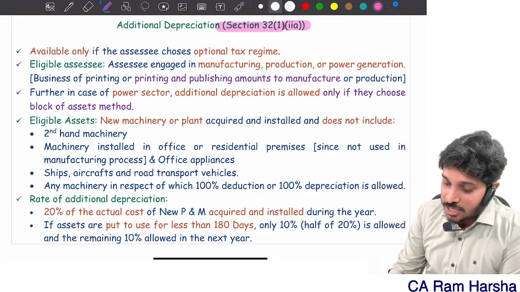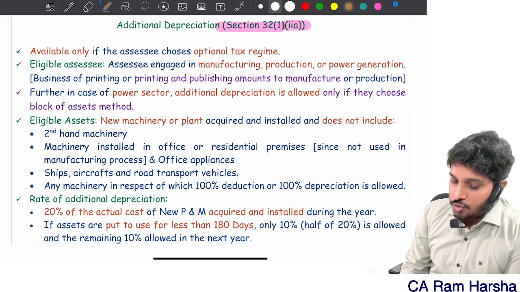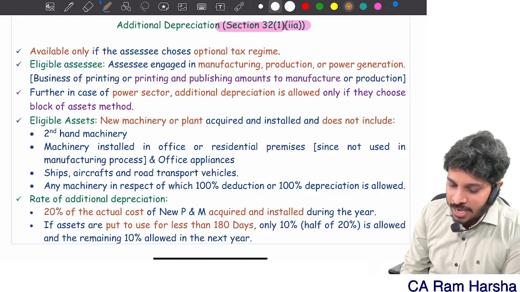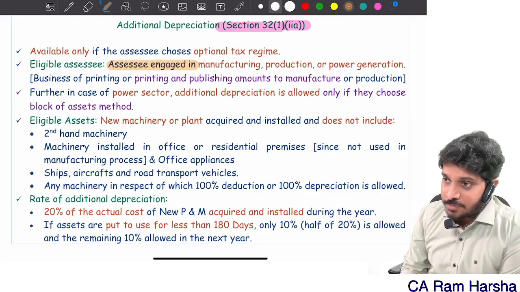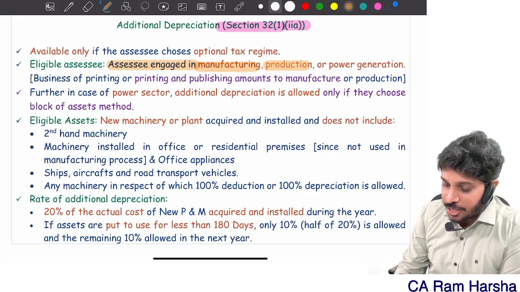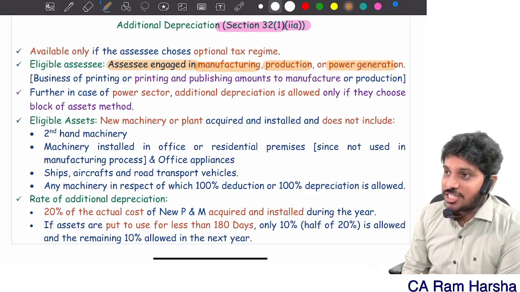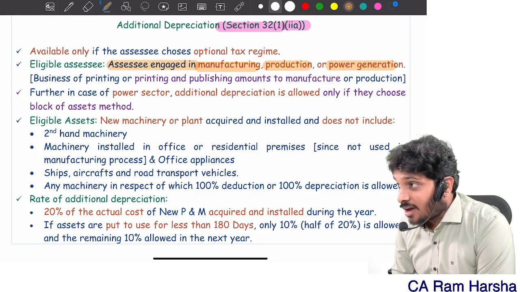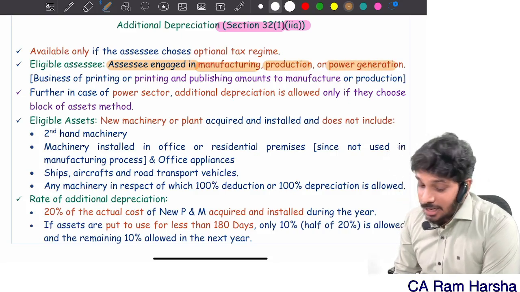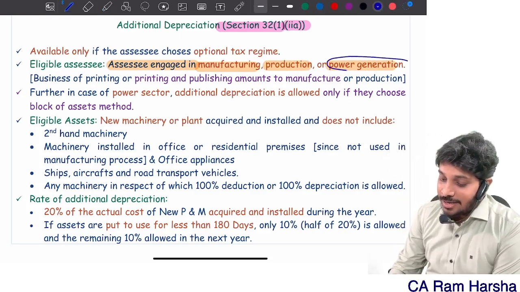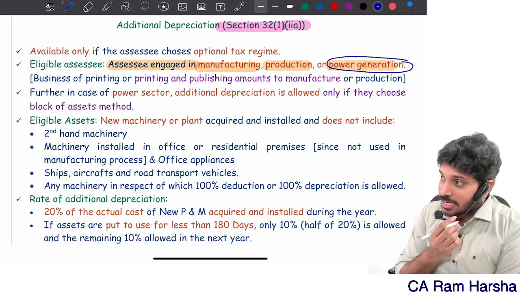What is additional depreciation? You see, eligible assessee engaged in manufacturing, production or power generation. Only these three are eligible. Now you see here, power generation is there, right?